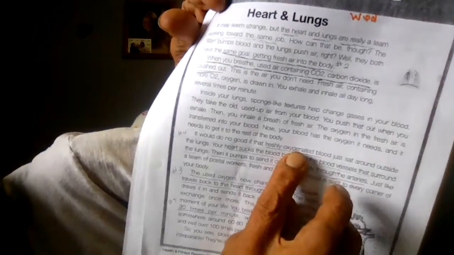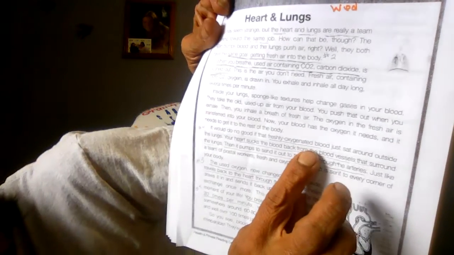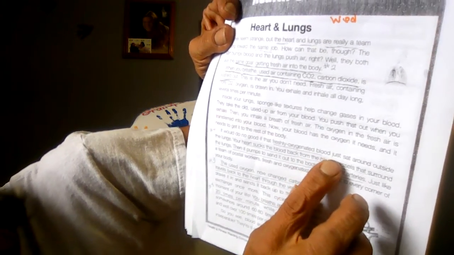Well, I guess the whole little paragraph says it would do no good if that freshly oxygenated blood just sat around outside the lungs. Your heart sucks the blood back from the blood vessels that surround the lungs. Then it pumps it to send it out of the body through the arteries.